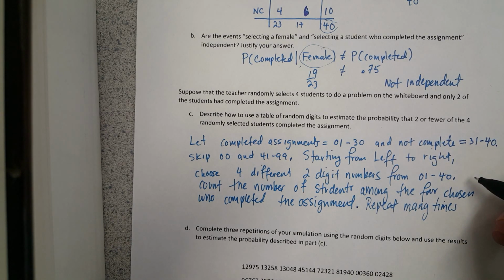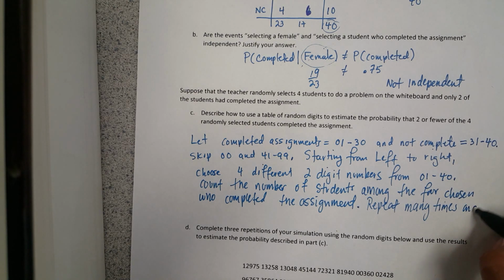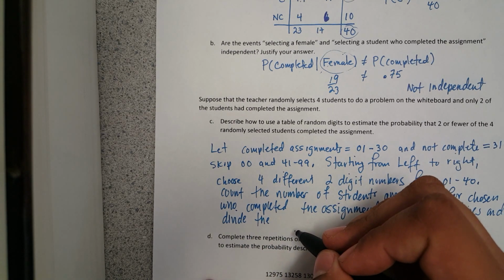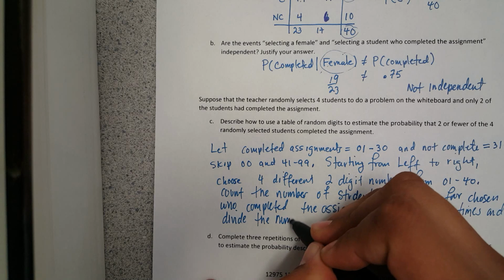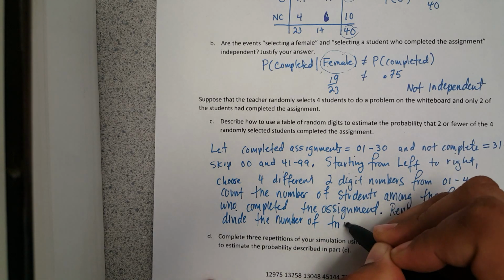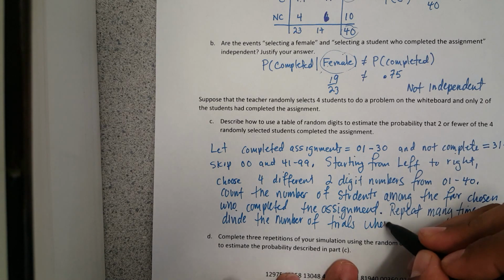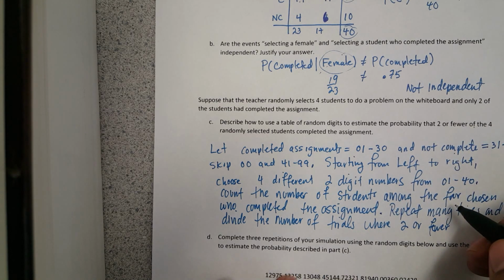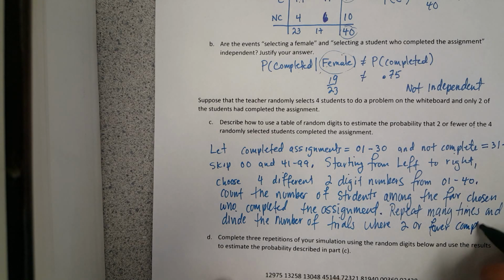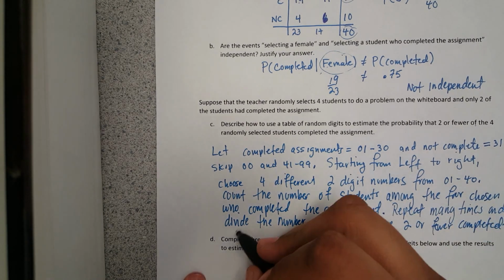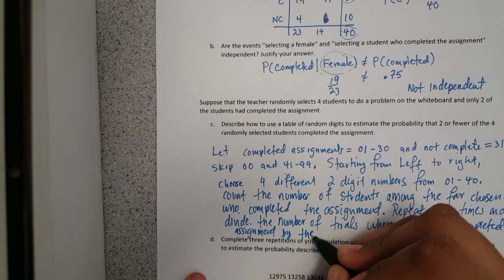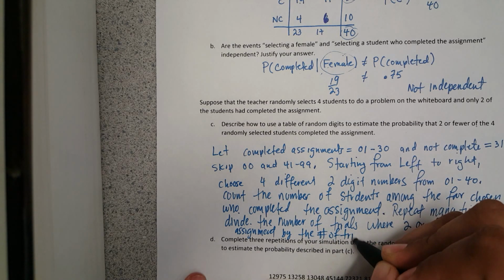So we're going to repeat it many times, and we're going to divide the number of trials where 2 or fewer completed the assignment by the number of trials.